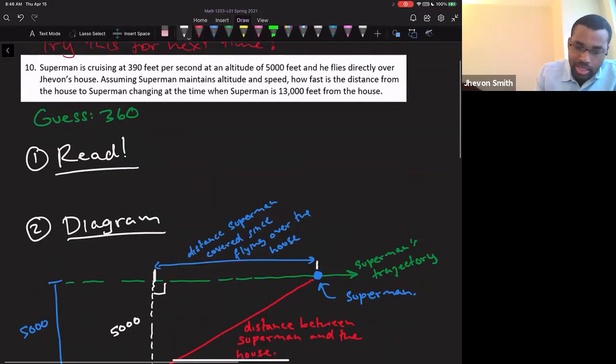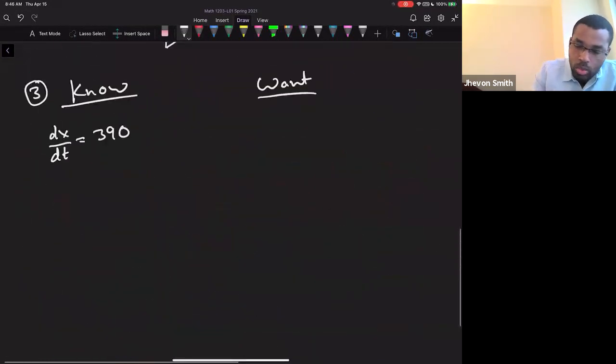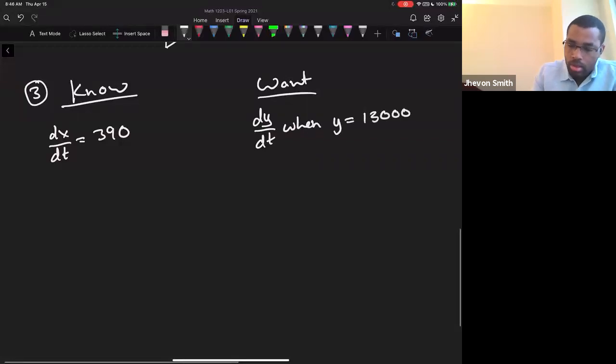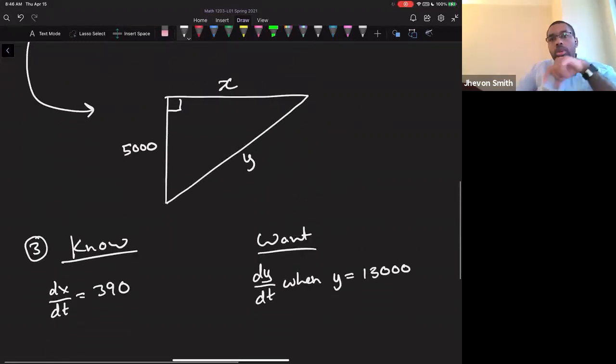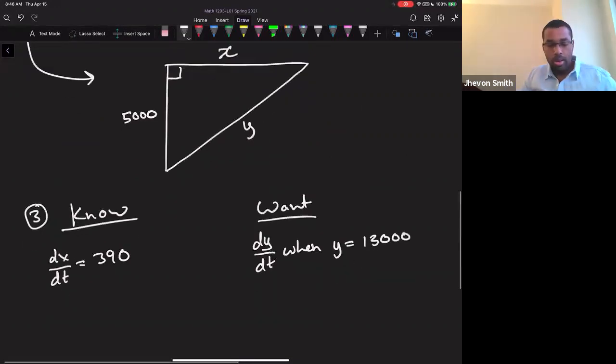And what do we want? How fast is the distance from the house changing when Superman is 13,000 feet from the house? So we want dy/dt when y equals 13,000. So when the distance from the house, which is y, is 13,000, at that point, I want to know how fast y is changing. All right, cool.